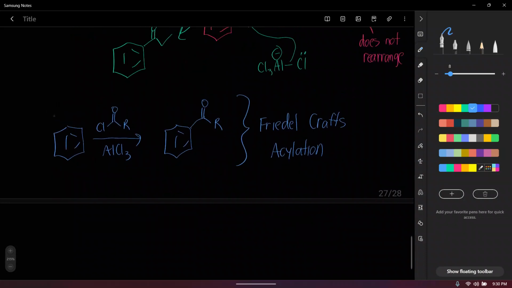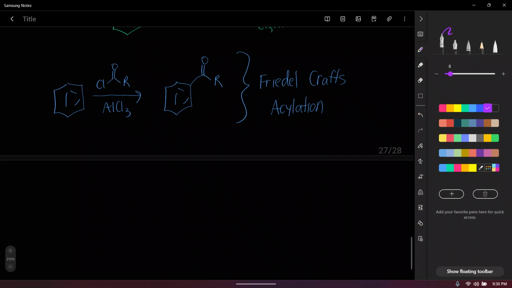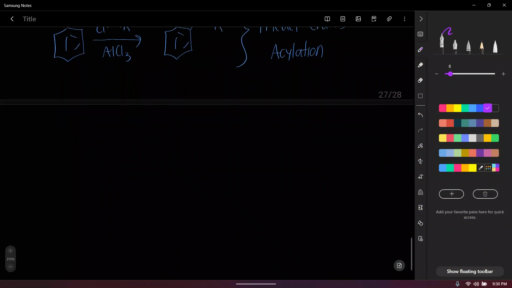And it turns out, you may have said to yourself, well, Brian, this molecule looks kind of similar to the propyl molecule that we were trying to synthesize with Friedel-Crafts alkylation, but we couldn't. And it turns out you're right, they are really similar.